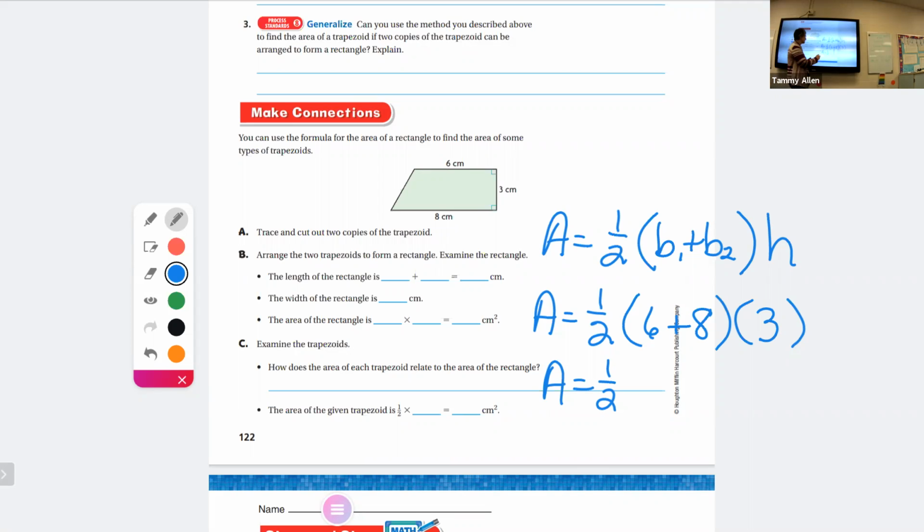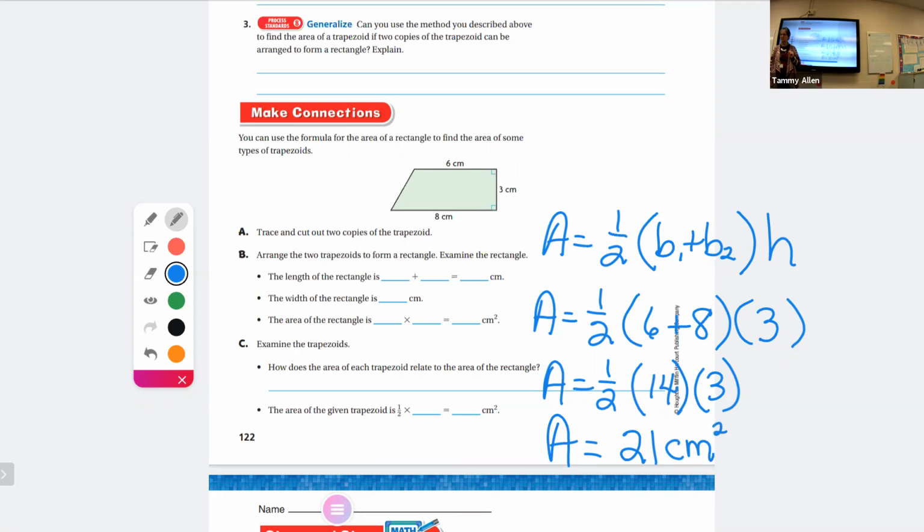Okay? 6 plus 8 is? And now the order doesn't matter, right? By the commutative and the associative property, because we're doing all multiplication, right? I would do half of 14, which is 7, and 7 times 3 is? 21. And it is area, so we're going to do square centimeters.